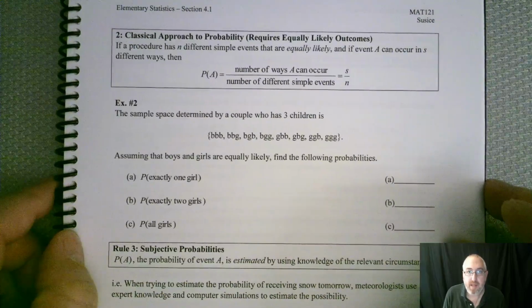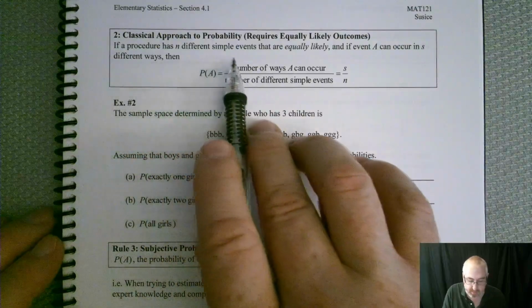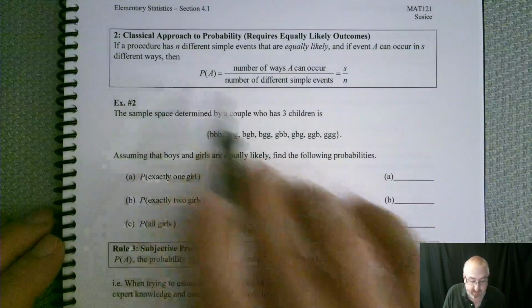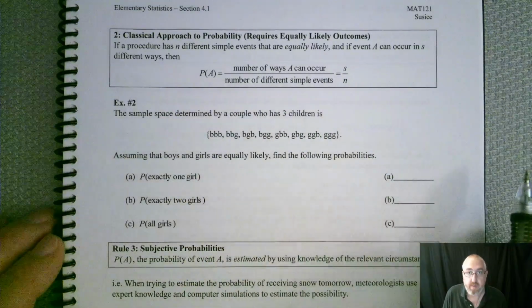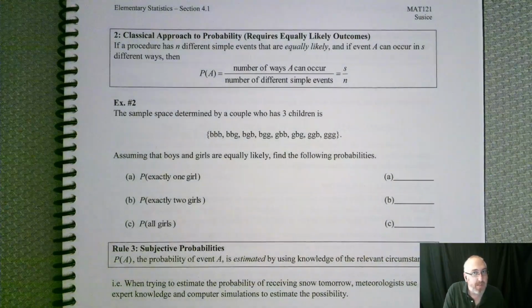The next one is the classical approach to probability. It requires equally likely outcomes. If a procedure has n different simple events that are equally likely, and if event A can occur in s different ways, then we put the number of ways A can occur over the number of different simple events. It's similar to what we saw before, but the only major difference is now we do have the population.